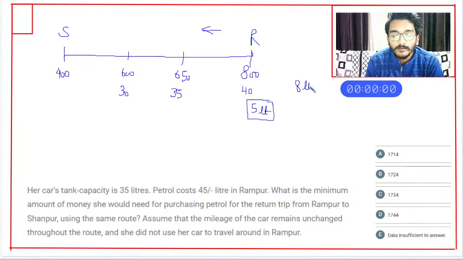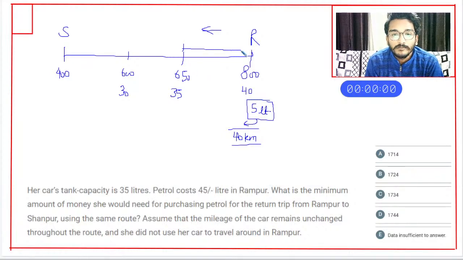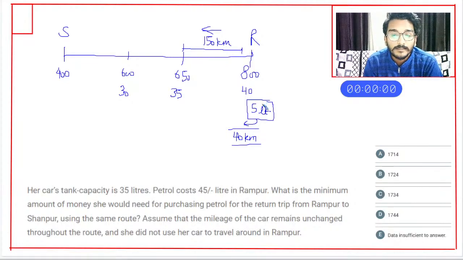We found that value. So we can say she can only cover 40 kilometers with 8 kilometer mileage, right? Means she is not able to cover the complete distance of 150. She is not able to complete this distance on 5 liters. So she has to buy some petrol here.